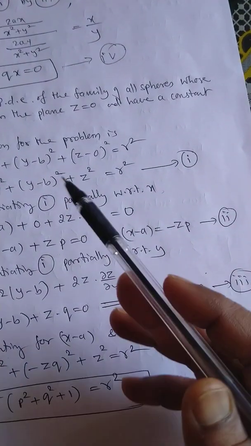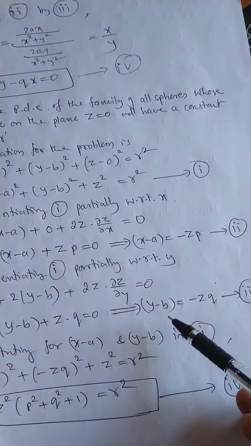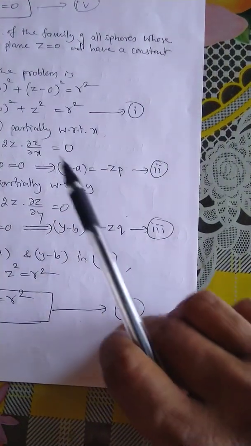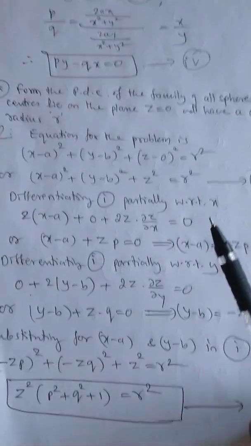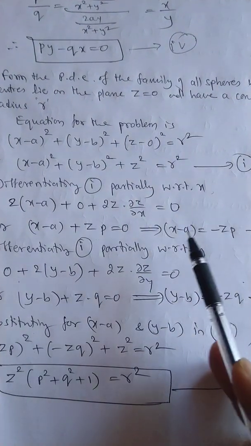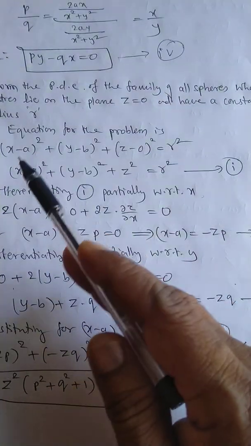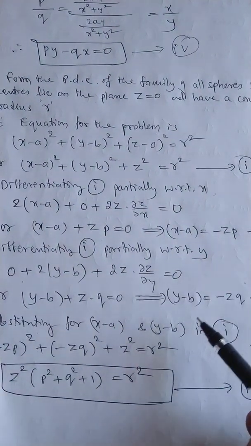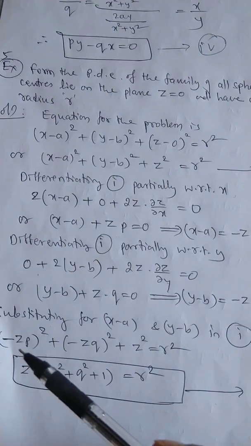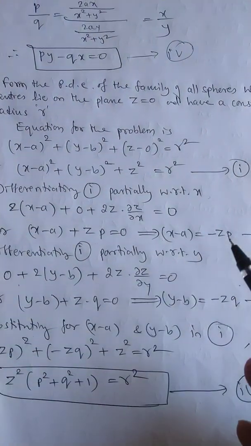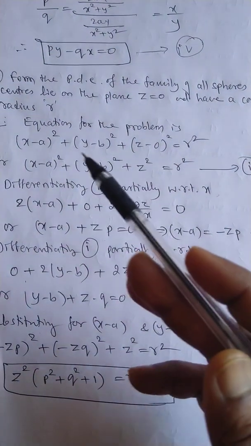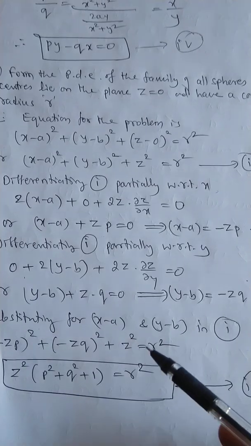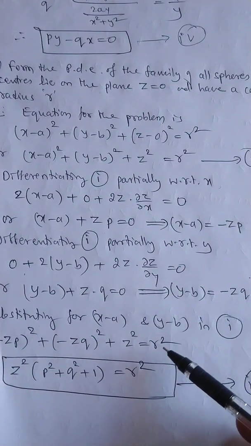What we do in the equation is simply substitute x minus a and y minus b. Substituting for x minus a and y minus b and simplifying, we have x minus a is minus zp and y minus b is minus zq, whole square, plus z square equal to r square.